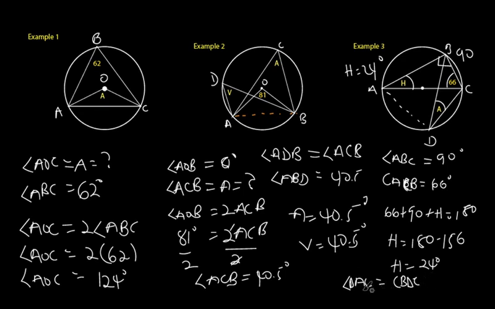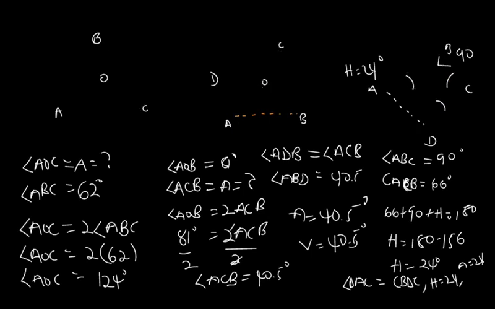Since h is 24, our a is also 24. So this is a few examples about circle theorems. Now let's have a look at another interesting one, which is a bit more complicated, so that we can appreciate what we are doing.